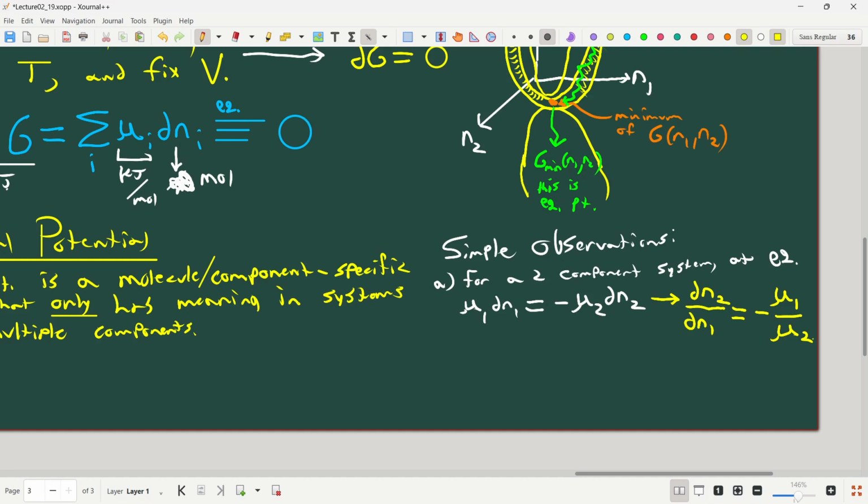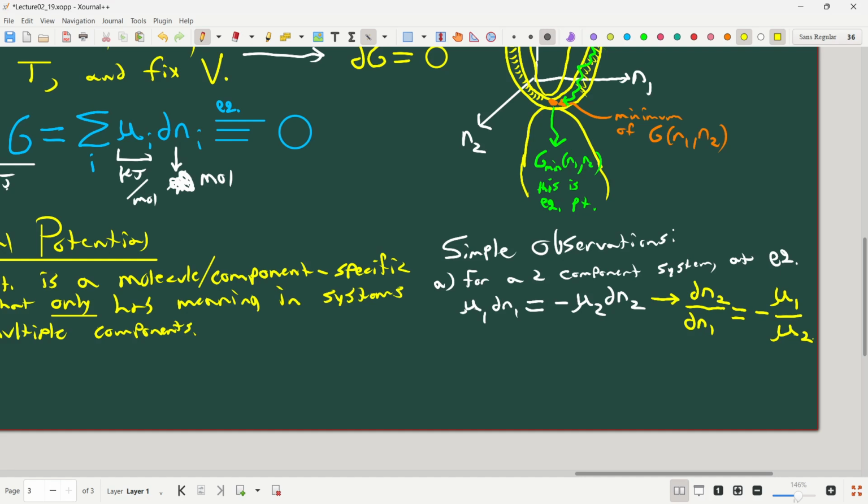So for instance, imagine you have a system that just has 1 mole of component 1 in it initially. And you let it sit overnight, and what you find is that at the end you only have 0.25 moles of that molecule. So that means that dN2 is 0.75, dN1 is 0.75. Oh, sorry.